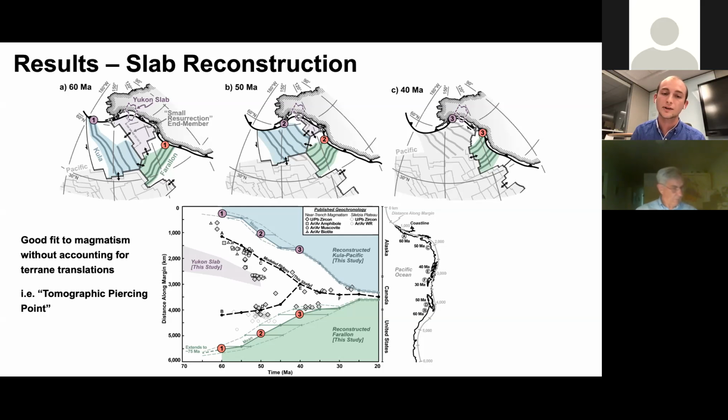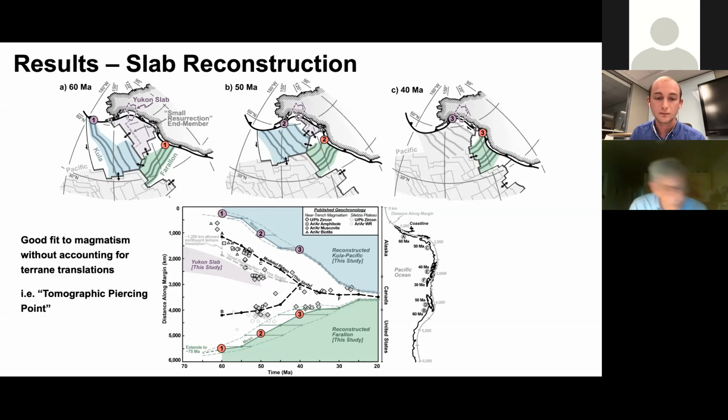But one thing to note is that we still achieve a fairly good fit between our modeled ridge trench intersections and the observed positions of the near trench magmatism. So this we're interpreting as a link between the mantle and the upper plate geology. However, we do try and take into consideration how this link would vary if we do assume that the Chugach terrane has been translated to the north through time.